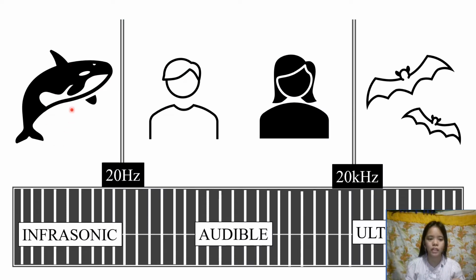Usually we know that whales can hear infrasonic waves that we cannot hear, and from 20 Hz to 20,000 Hz is audible to people, and more than 20 kHz is audible to other species such as bats, which is called ultrasonic.